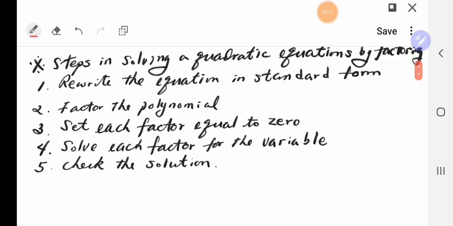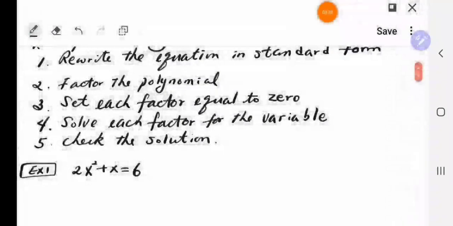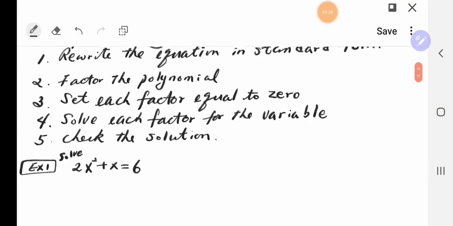Okay, so let's try some examples. Let's find the solution of this equation. The question is solve the equation. That means we want to find the values of x so that the equation is true.